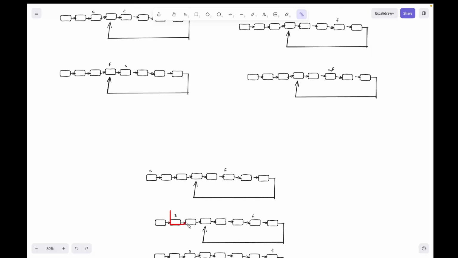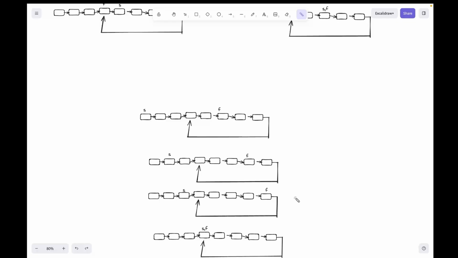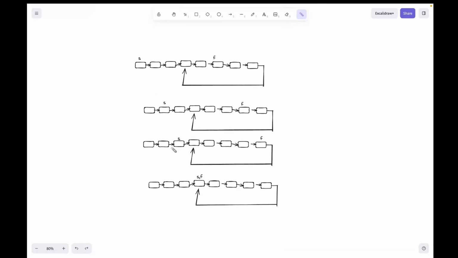So my slow moves from here, and my fast moves here. Then same thing, my fast moves by one position and slow moves by one. Then again my fast moves by one position, it reaches here, and slow reaches here. So if they meet at the same node again, it means this is the starting point of the cycle.